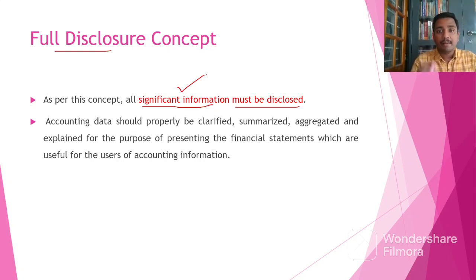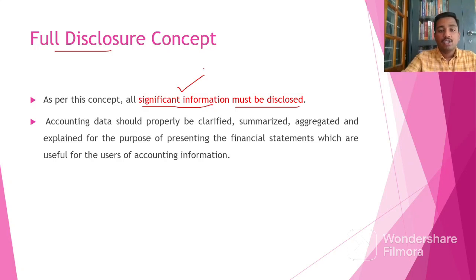Significant information here means all information which is affecting the business, affecting the earning capacity of the business. Even though the money value may be comparatively less, the decisions and the information are more significant. So those significant transactions, without considering the high value or the lower value, should be fully disclosed in the books of account, and that is known as the full disclosure concept.